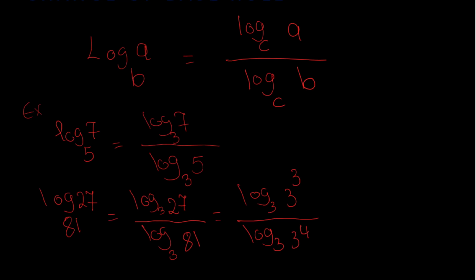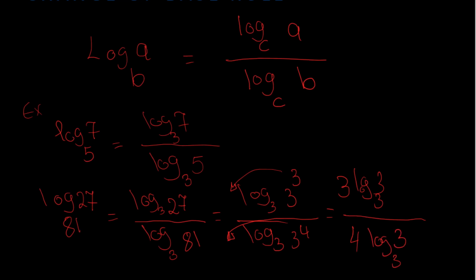So here I could use the power rule and put all the powers before the logs, so it will be equal to 3 log base 3 of 3 over 4 log base 3 of 3, and as we know log base 3 of 3 is 1, also here is 1, so the answer is 3 over 4.